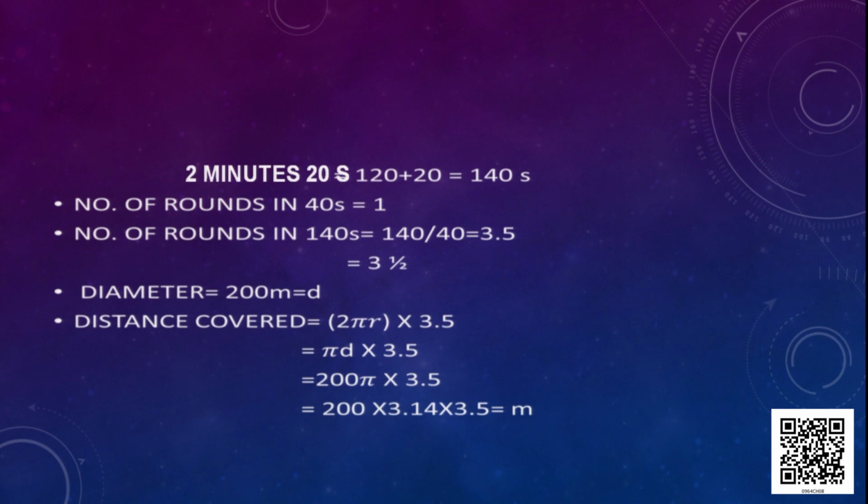The number of rounds the athlete completes in 140 seconds equals 140 divided by 40, equal to 3.5. That means the athlete completes 3.5 rounds in 140 seconds.